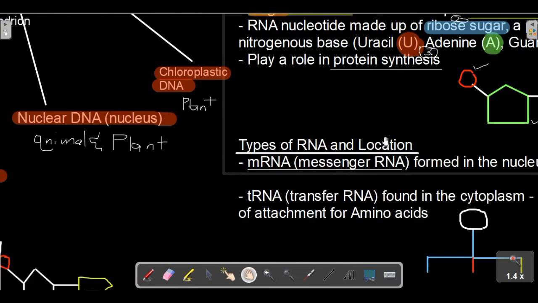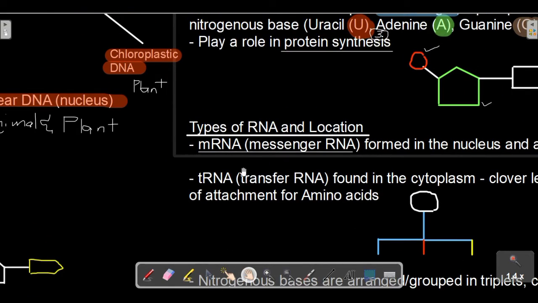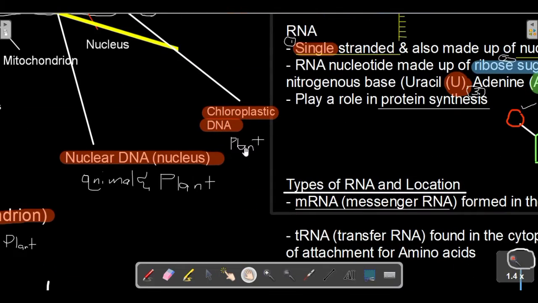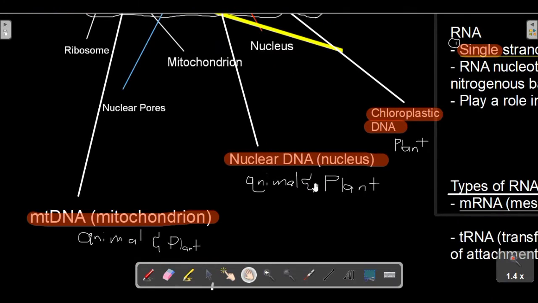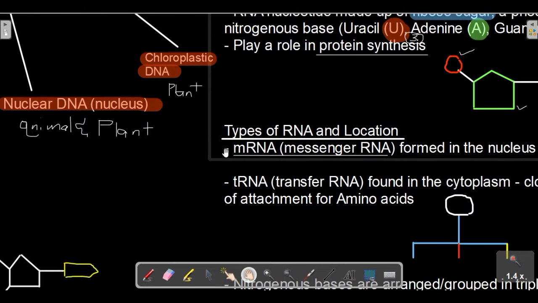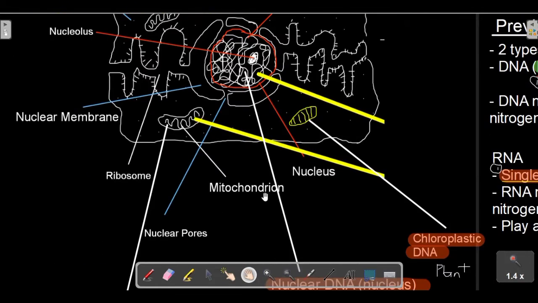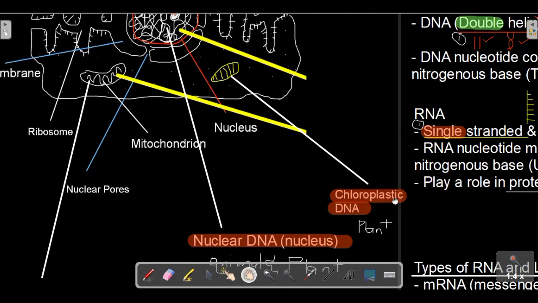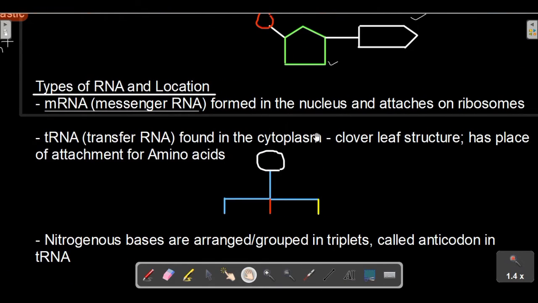Now for the RNA, we're saying that you don't find these, unlike the DNAs where you find them in these particular areas. For the mRNA, it's formed, it's made before it exists, so it is made inside the nucleus during protein synthesis, and we will start with that. So during the transcription stage, it's formed in the nucleus, and it attaches on ribosomes.